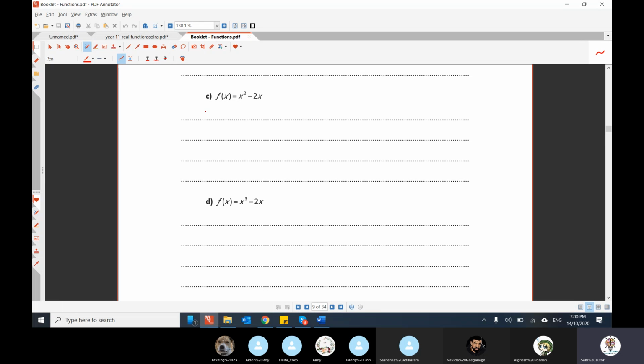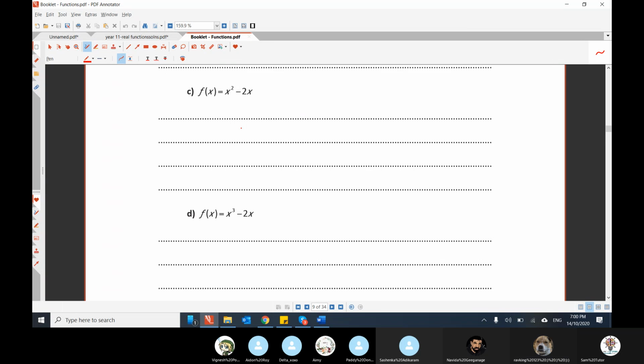Ravinesh, let's do C together. Step one is f of negative x equals x squared plus 2x. Good work. And then straight away you can tell that's not the original. And you factorize a negative out. Negative x, which looks really weird, but there it is. Is that the original? Again, looks close.